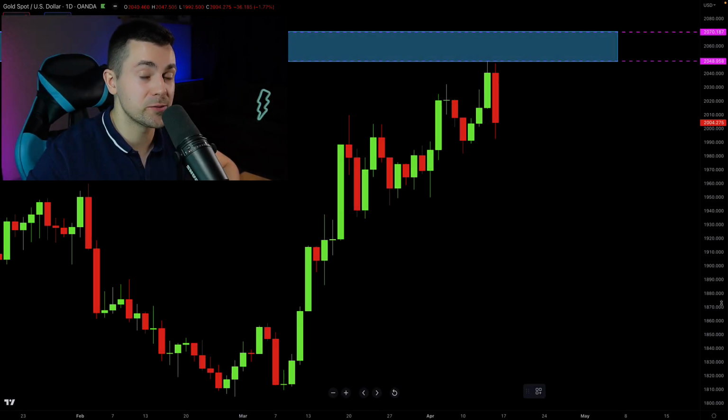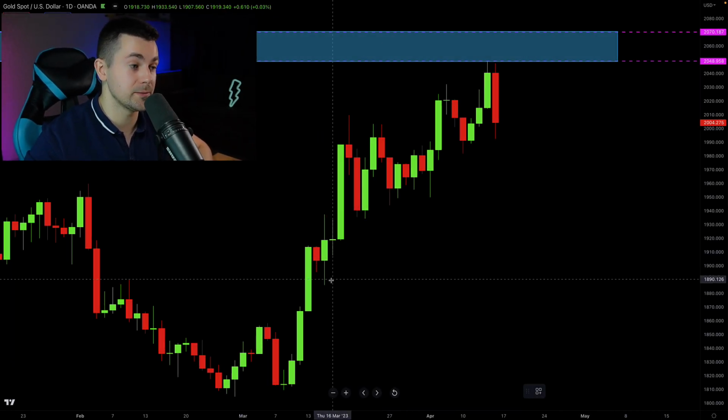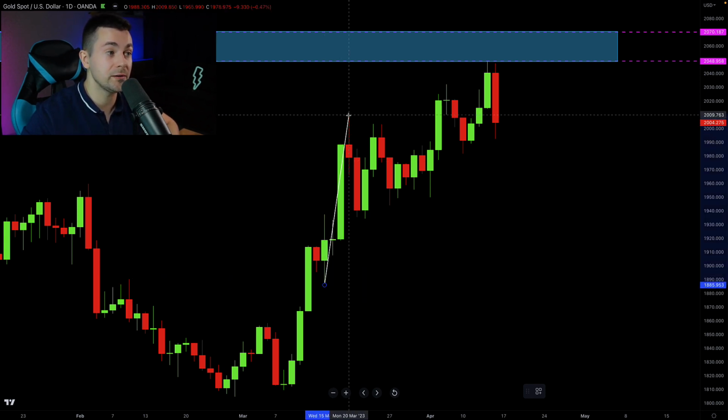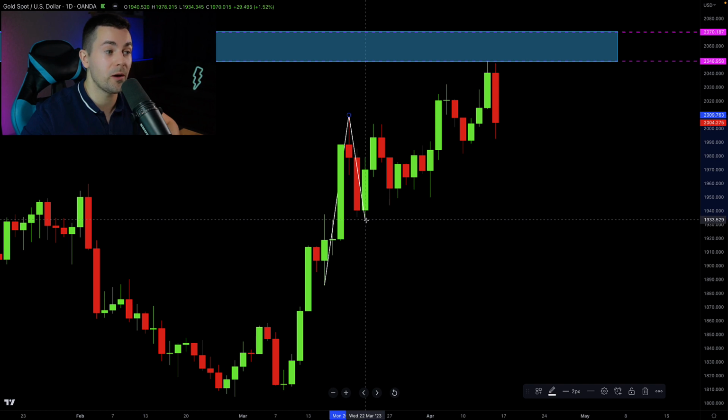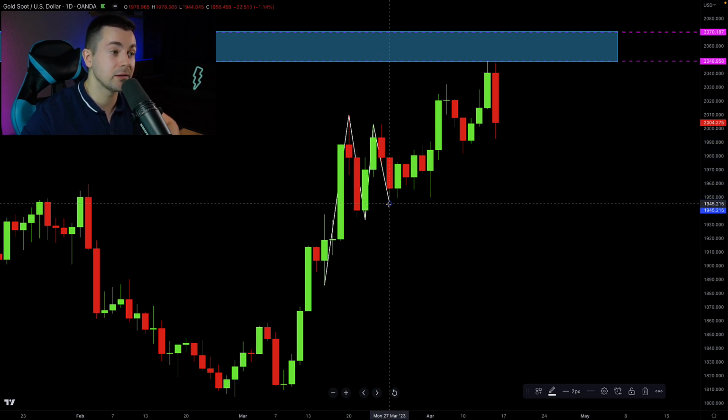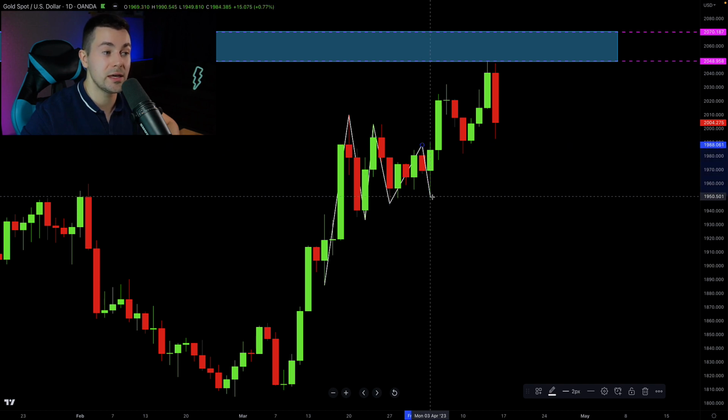The simplest way to spot the key levels is to draw the trend lines based on the impulse legs. So simply you consider the wicks of the candles and you draw the trend lines based on the highs and lows of the impulse legs.